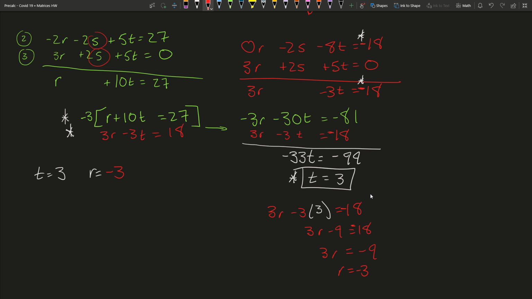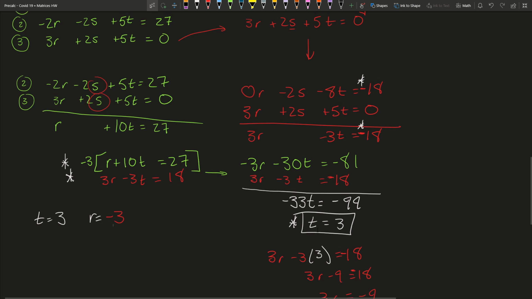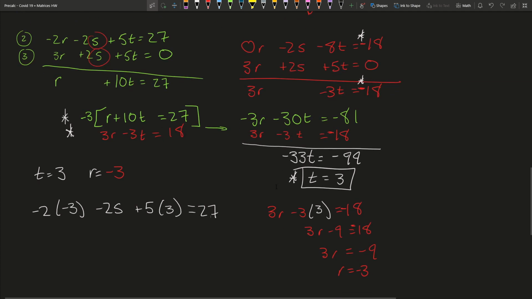All right, and then we can plug in both of these variables into one of our original 3, and then we're done. So I'm going to pick that second one. 13 times 3.